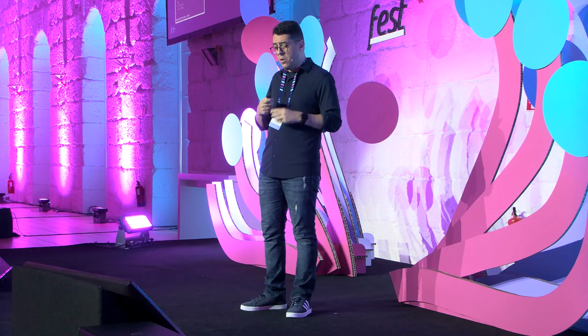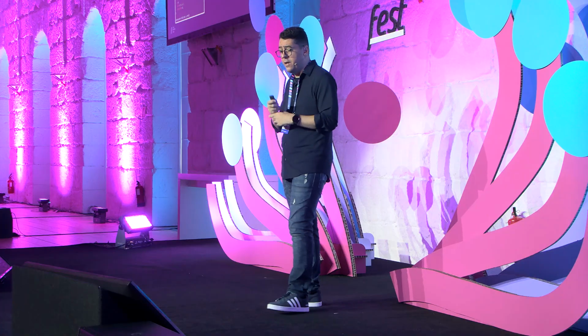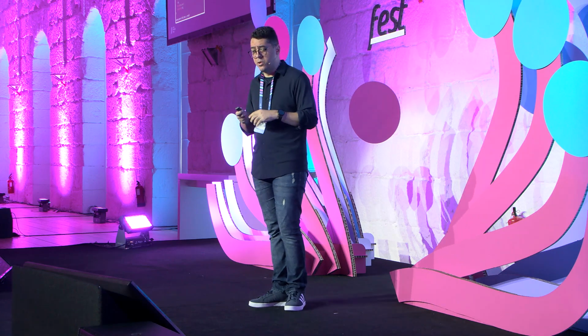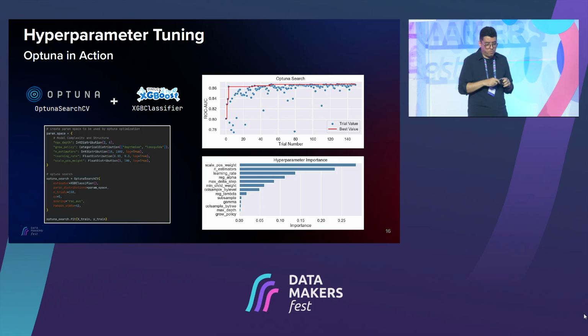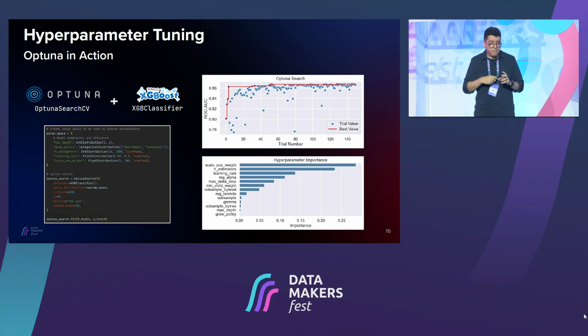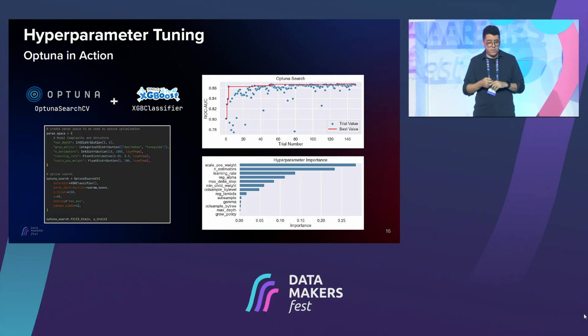After that, you get this really nice curve where you can see the optimization path. We can see that Optuna converges really fast. Around 50 trials, it already converged to the optimal solution. It also provides this nice feature importance plot, from which you can have some insights on which hyperparameters Optuna used the most to optimize your solution.